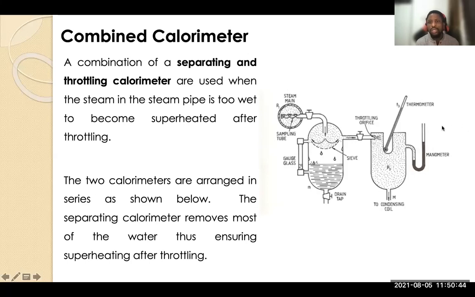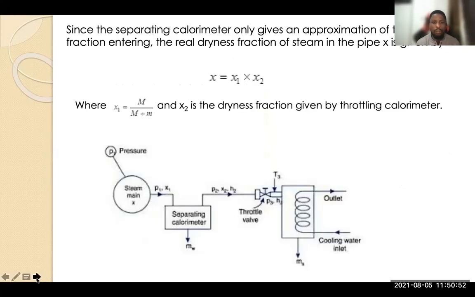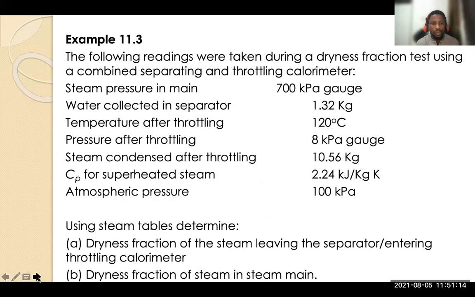What we have here should be dry and superheated. Are we clear on that? So that is the combined calorimeter. That's why we have X1 and X2: there is a dryness at this point, and a dryness at that point. Then, similar to what we've done before, we have this. We'll look at this example, but I'm going to stop at this point and take questions.